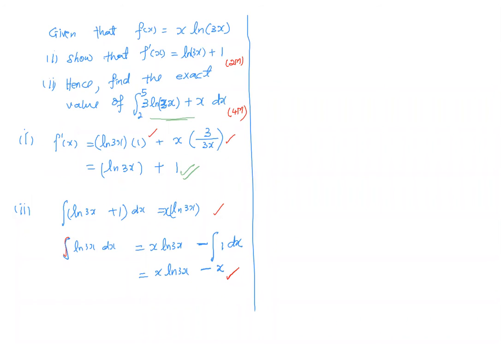Then you go back to the question and have a look at this. There is a 3 times here. So what I can do is, I can write the integral of 3 times this is 3 times the integral of this.